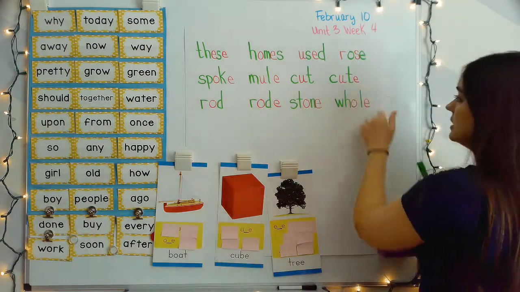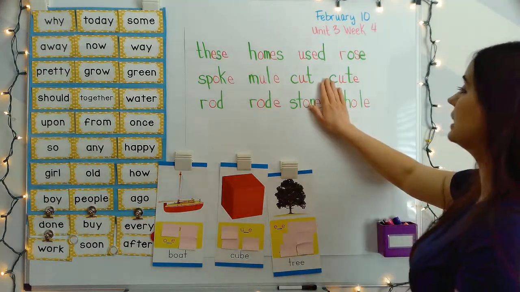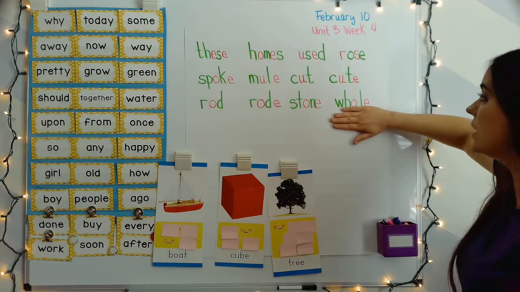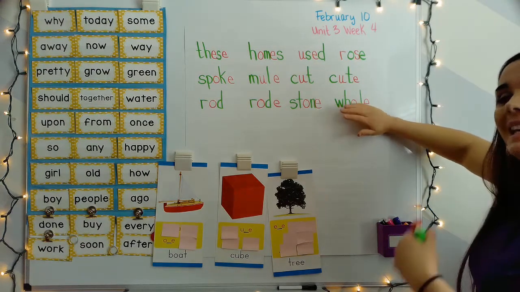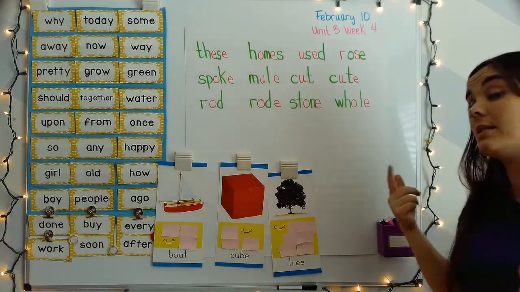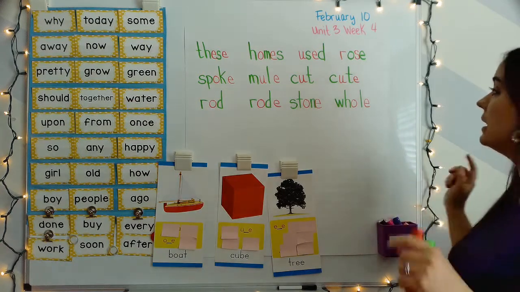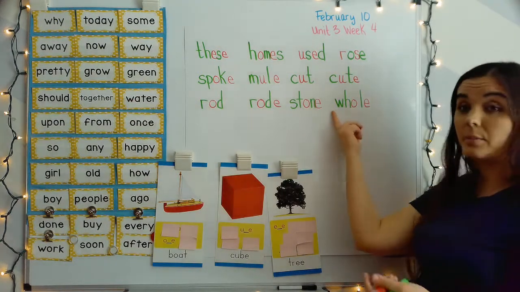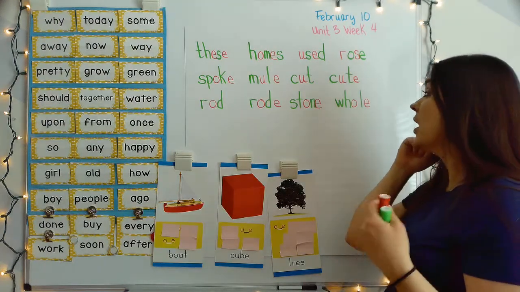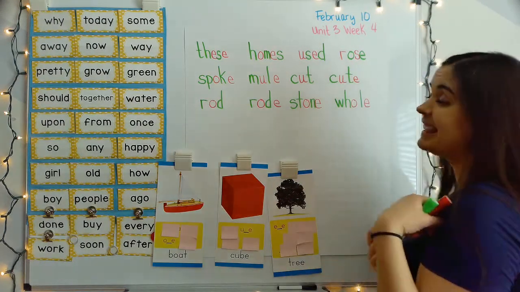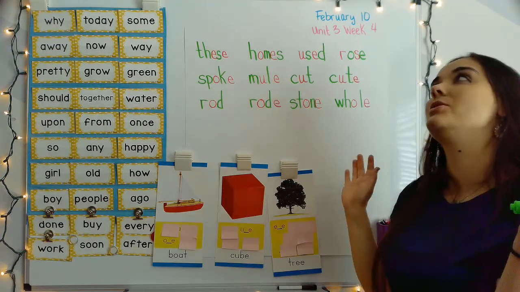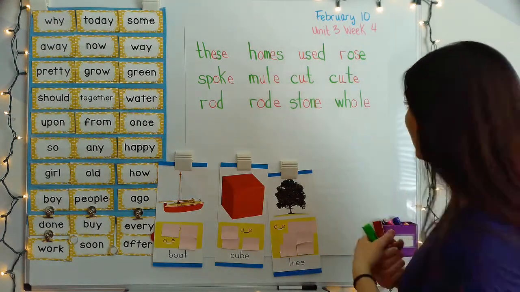Now, if we take the W off, it's H-O-L-E. And that's like a hole in the ground. With the W-H there, it changes the meaning. It still kind of sounds the same, spelled a little differently, and it changes the meaning. So, whole with the W means all of something. Like, I ate that whole pizza. That was a whole medium pizza, and I was so hungry, I ate that whole thing.